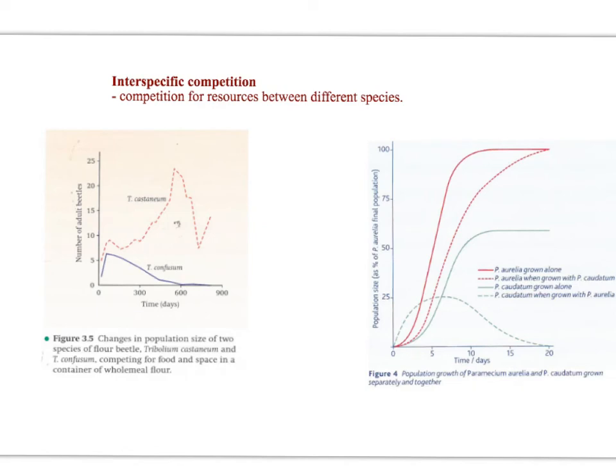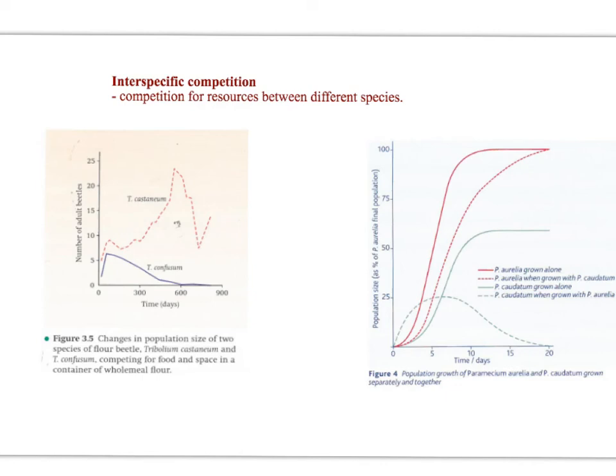So this is in a closed container, so there's limited food available, limited space available. And you can see in both of these, so this is where you've got two species of flower beetle, and you can see at the beginning the population of both starts to increase, but as soon as food becomes limited, as soon as they start to have to compete with each other for food, this species, use the keyword, outcompetes this species down here that's in blue, and so these will starve and then become extinct.